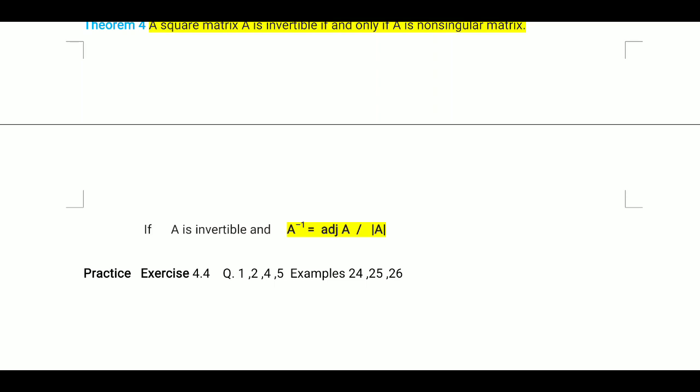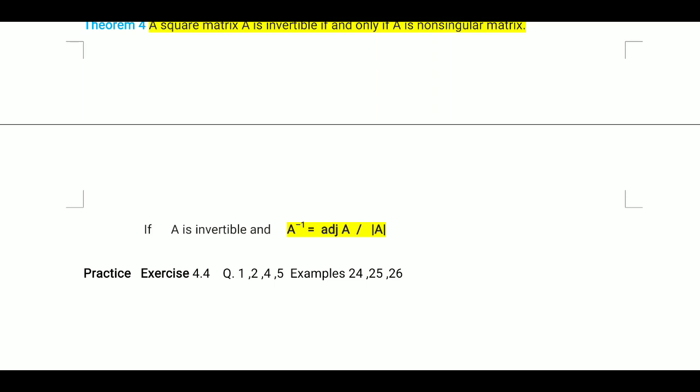In the previous chapter on matrices, we found the inverse of a matrix using row transformations or column transformations. Those were operations in matrices, but here we find the inverse of a matrix with the help of determinants.